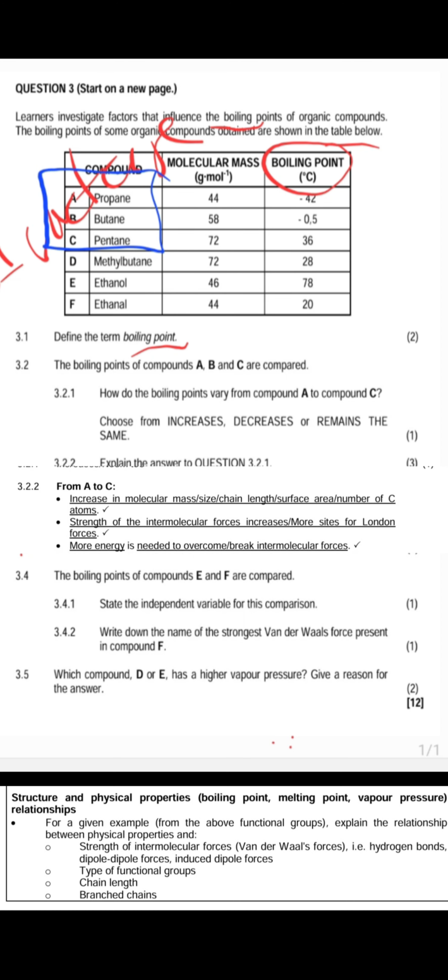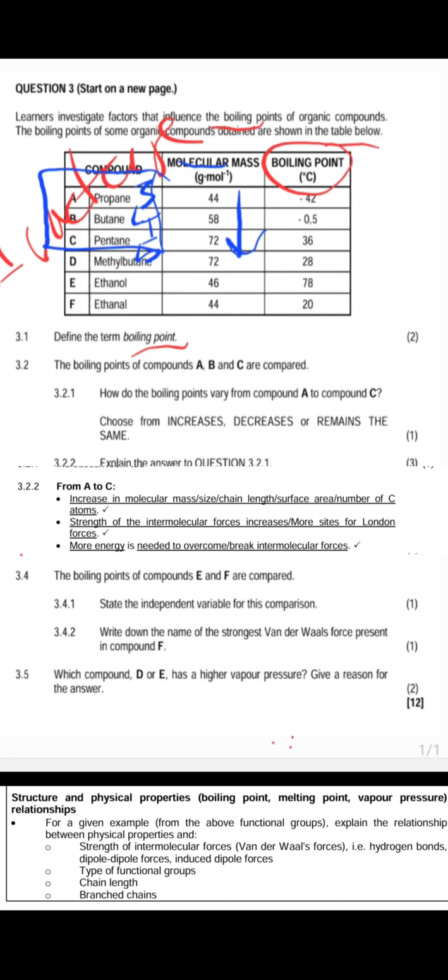Remember, propane only has 3 carbons, butane has 4 carbons, and then pentane has 5 carbons. So as there is an increase in the number of carbons, what is happening to the molecular mass? Well, we can see that there is also an increase in the molecular mass: 44, 58, 72.